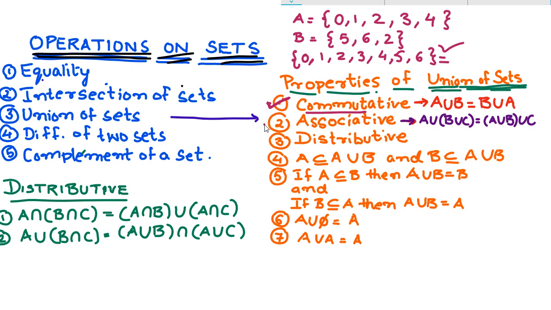Next, the associative property. As you remember, it is when you associate, when you group the sets. So grouping of the sets happens this way: A union of B union C is equal to A union B union C. You could find this also.